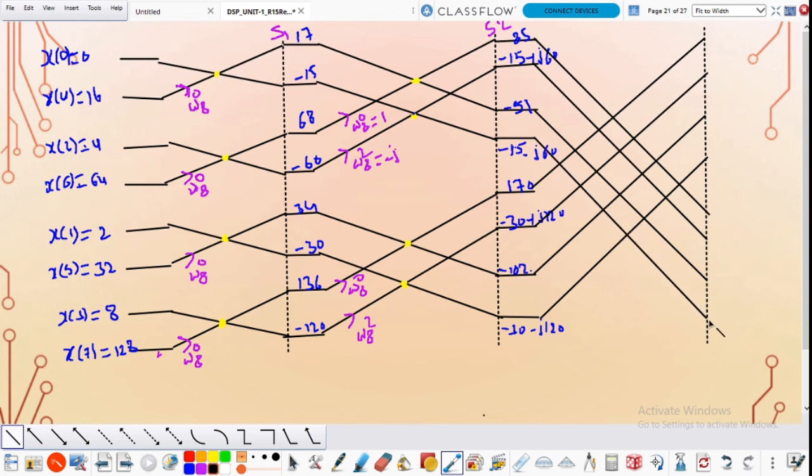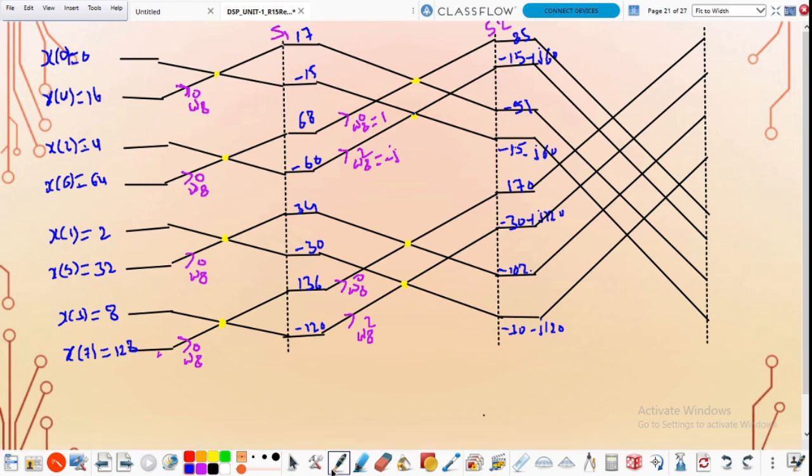And after that, highlight the butterfly nodes.